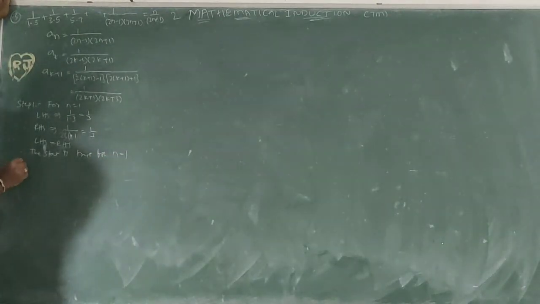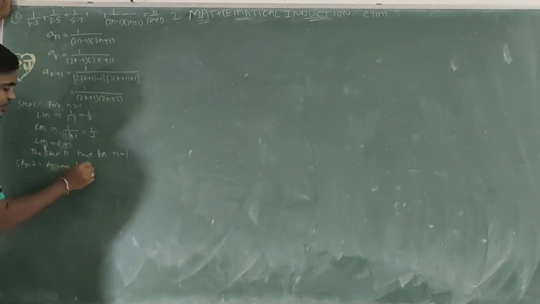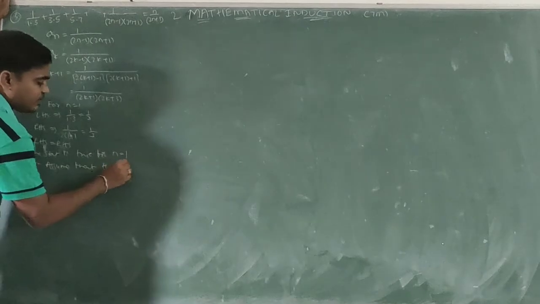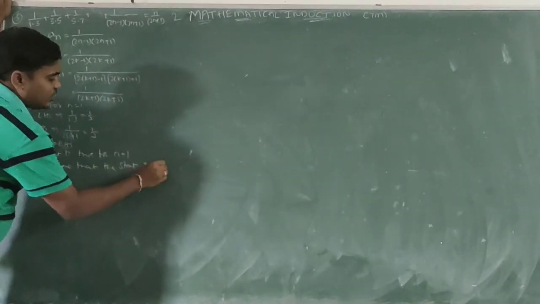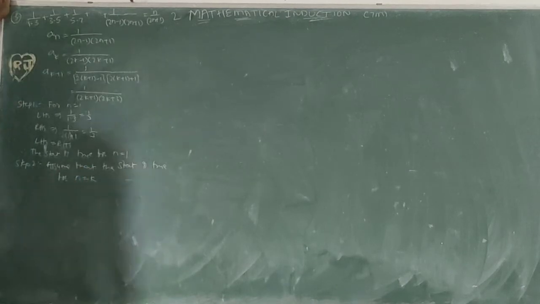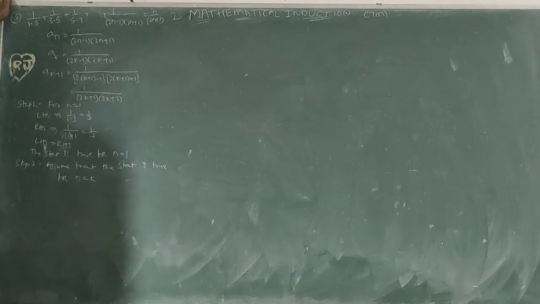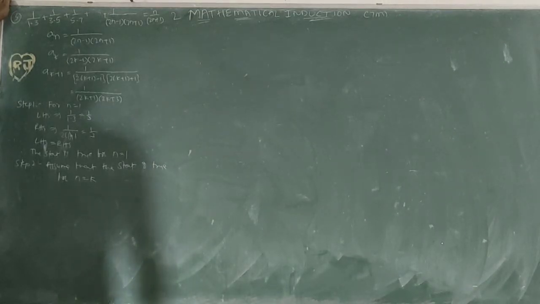Next, step 2. In the second step, we assume that the statement is true for n equal to k.